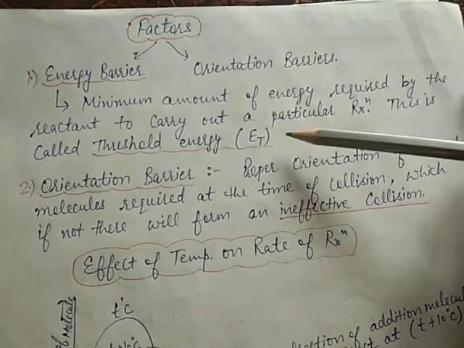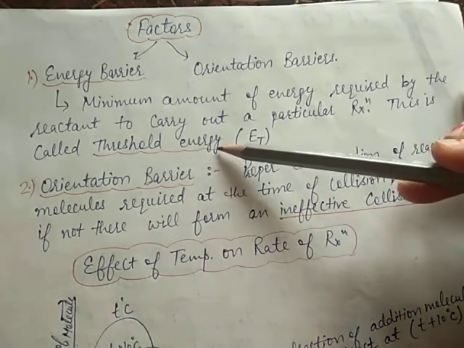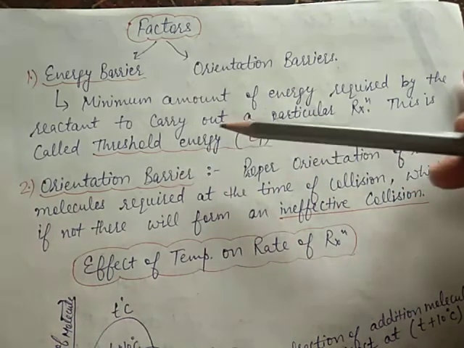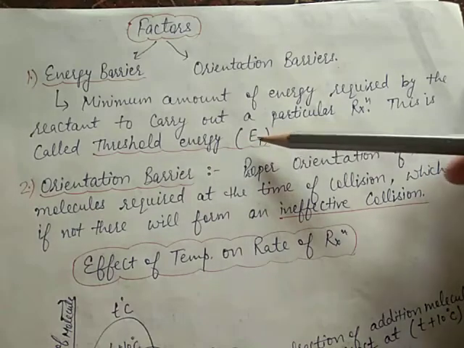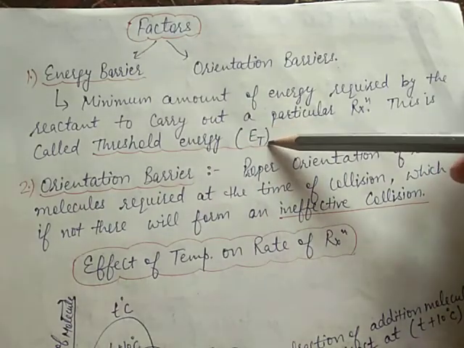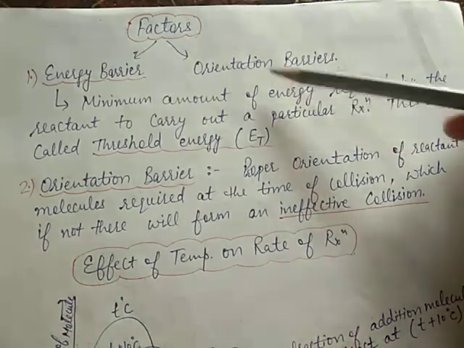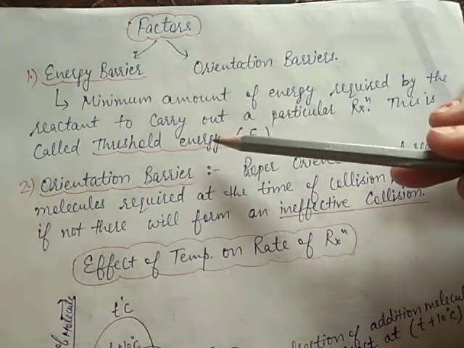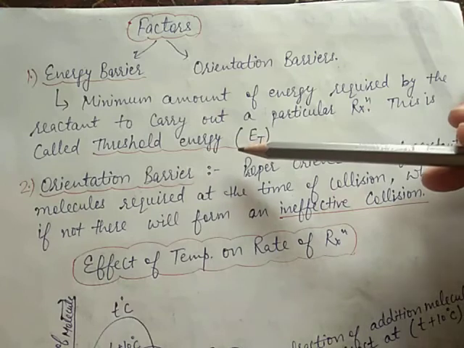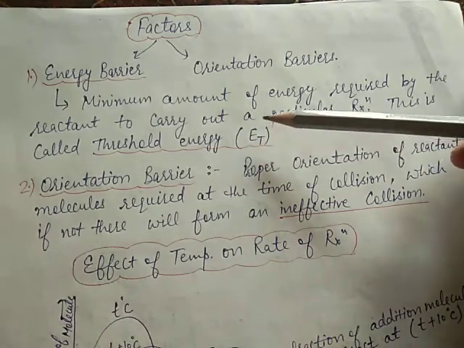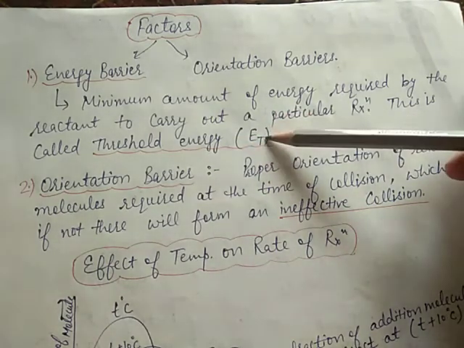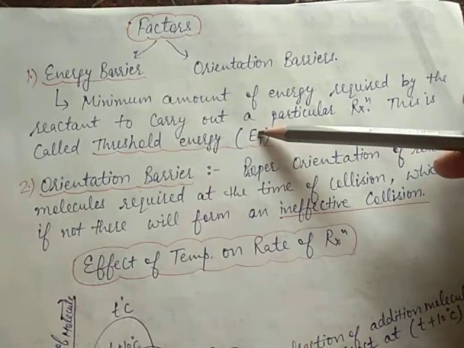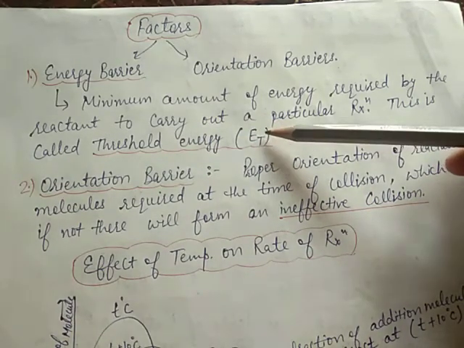This minimum energy is called threshold energy. It is denoted by ET. It means that if the reactant molecules at the time of collision have total energy greater than or equal to the threshold energy, then the collision can be effective.